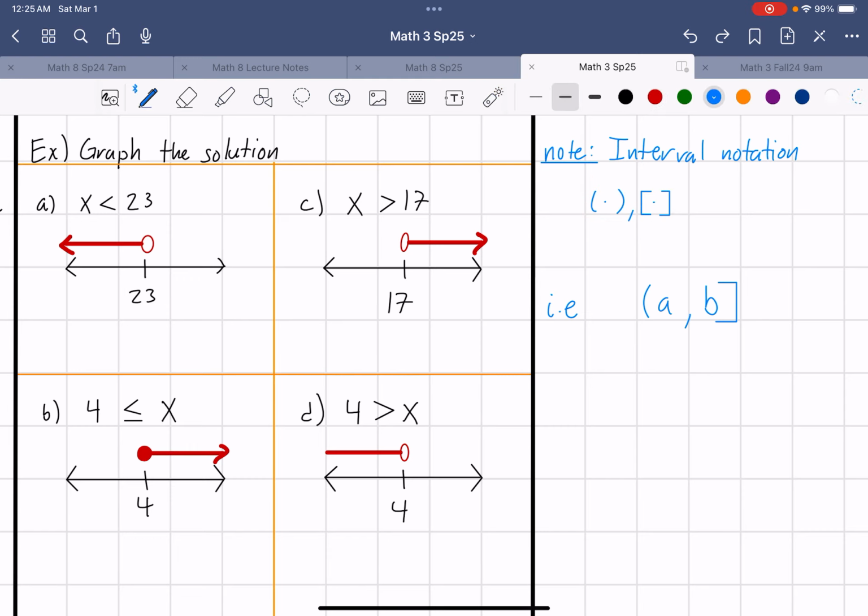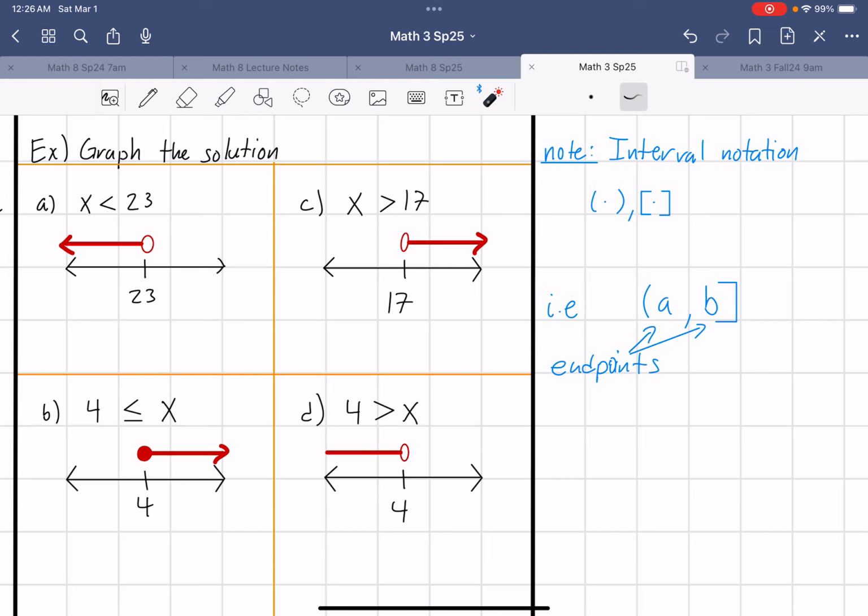And the way an interval works is it only shows you the endpoints of your interval.